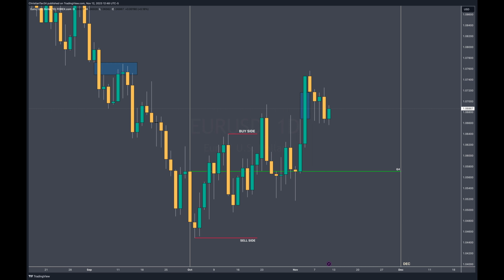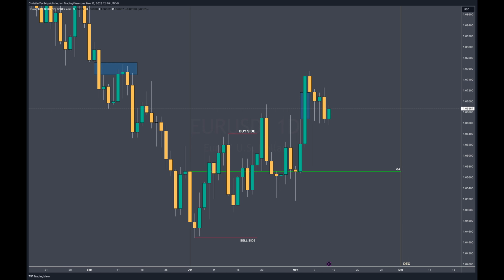Euro USD failed to drop below where you see sell side, and then a little bit right above sell side at that 1.05 big figure. Euro USD failed to take out that swing low at 1.05 big figure.